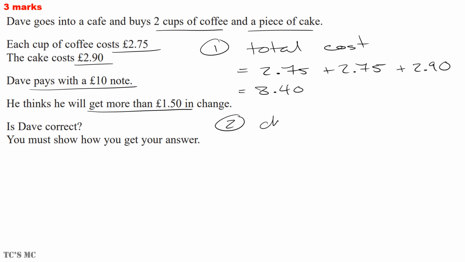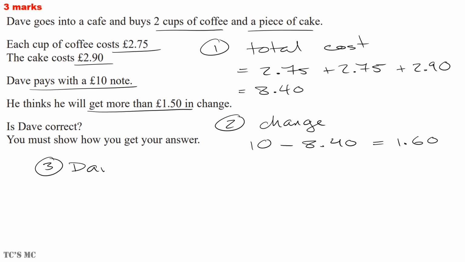We need to now work out his change. If he's paying with a £10 note, he has paid £10. So his change would be 10 subtract £8.40, and that's £1.60. Now that's our second mark. We need to justify everything now. So is Dave correct? Yes or no?